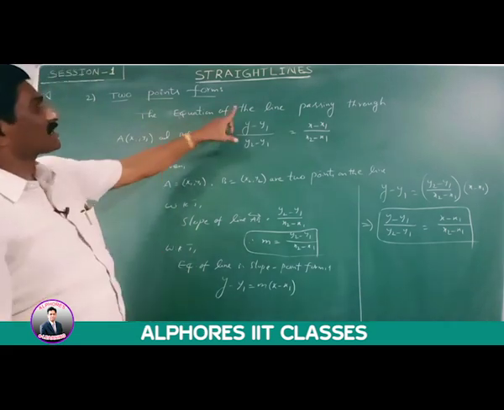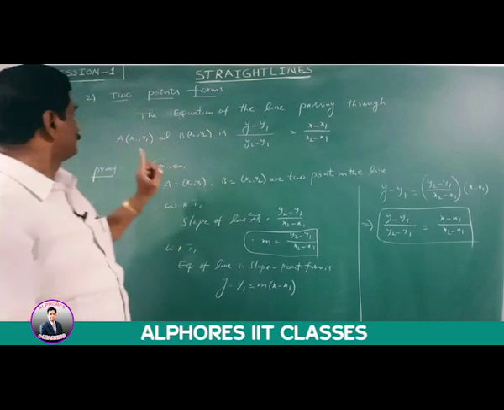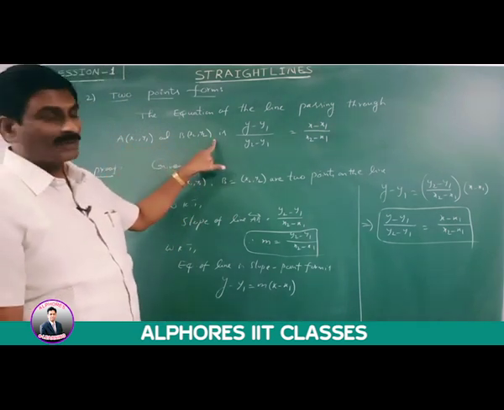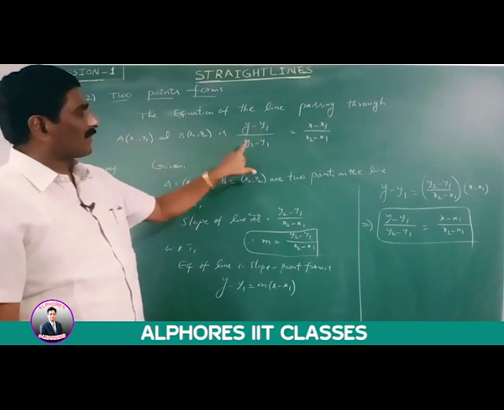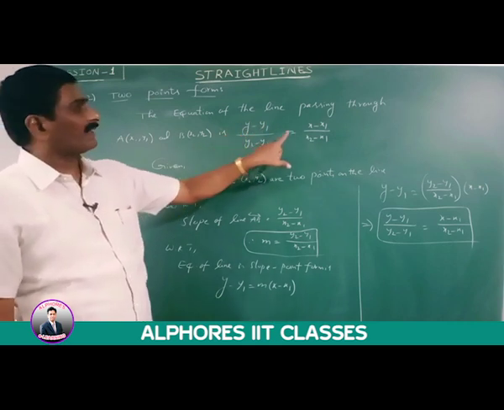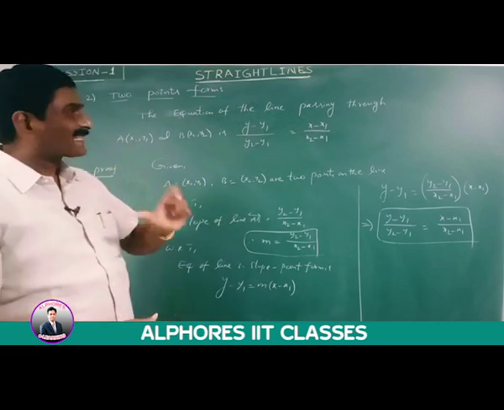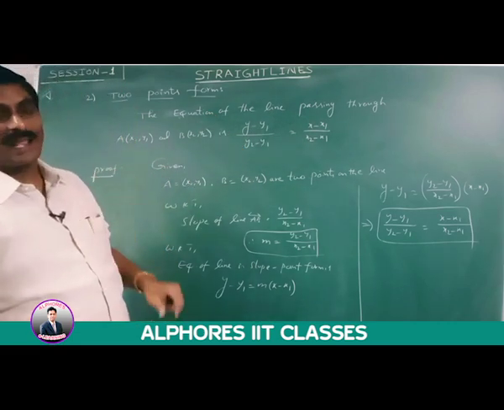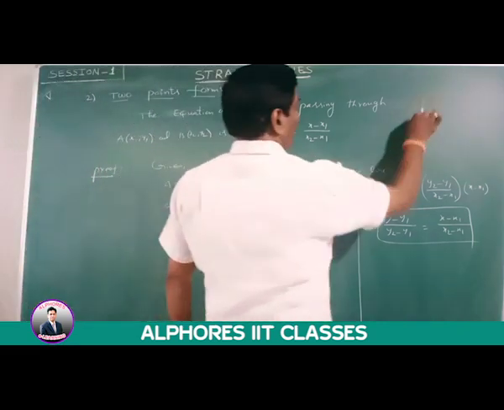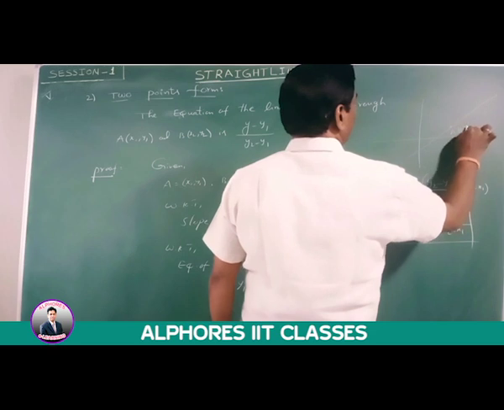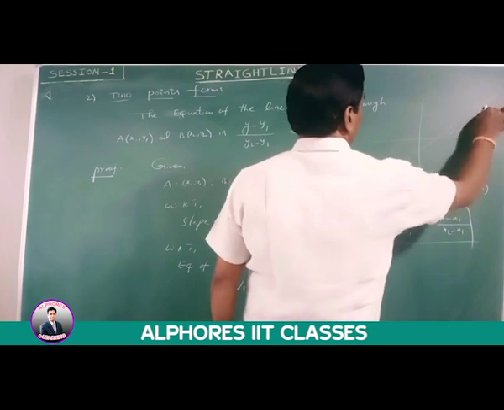The equation of the line passing through A(x1, y1) and B(x2, y2) is (y minus y1) by (y2 minus y1) is equal to (x minus x1) by (x2 minus x1). In this case, two points on the line are given. Suppose this is the x-axis and y-axis. This is the line, and A(x1, y1) and B(x2, y2) are two points on the line.